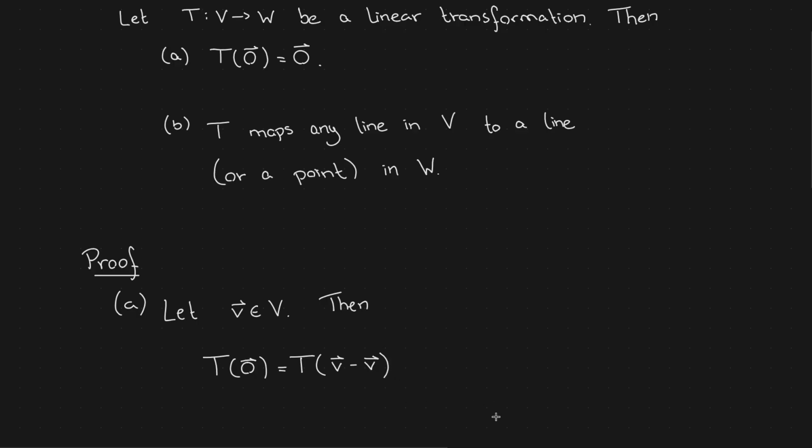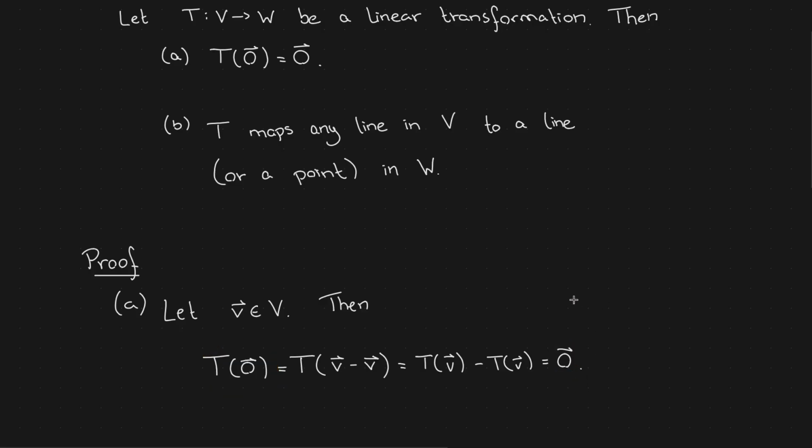That's a property of vector spaces. I could take a vector and subtract the same vector and I get the zero vector. But now I'm going to apply the properties of linear transformations. The transformation of V minus V is the same as the transformation of V minus the transformation of V. And now I'm subtracting two of the same thing. So something minus itself is just the zero vector. And now that proves the theorem. The transformation of the zero vector is the zero vector.